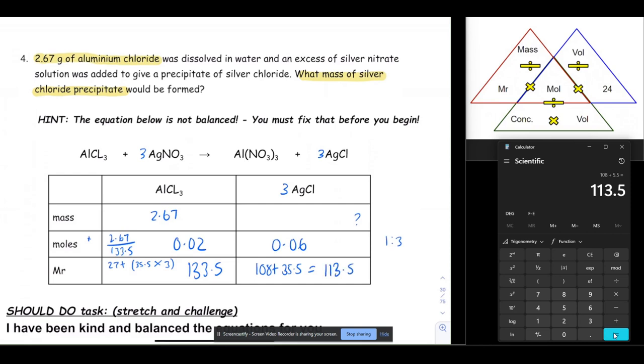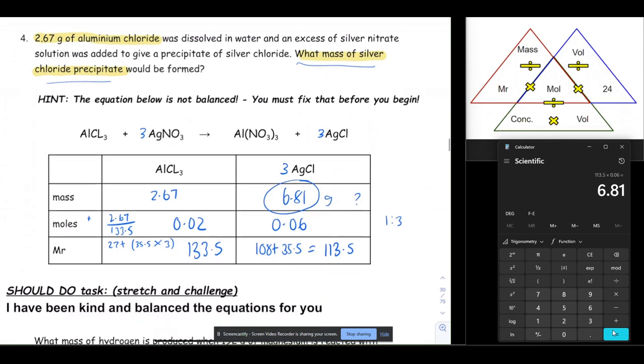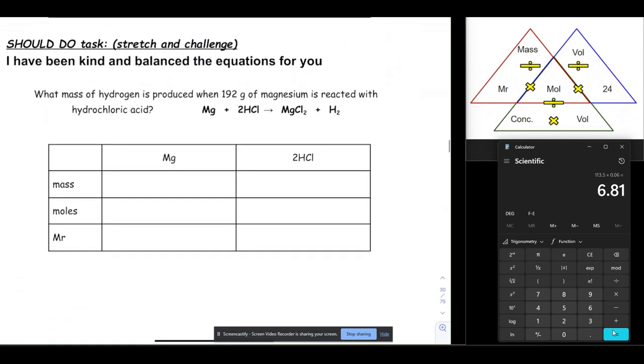Now I just need to times those two together because I need MR times the moles to give the mass. So I times by 0.06, and that gives me 6.81. Therefore, what mass of silver chloride would be formed? 6.81 grams. Well, that's as hard as it's ever going to get in the exam.